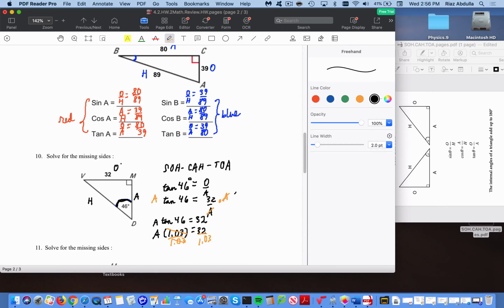And so that's going to give me a value of A, which I'll write here, of 31.1.